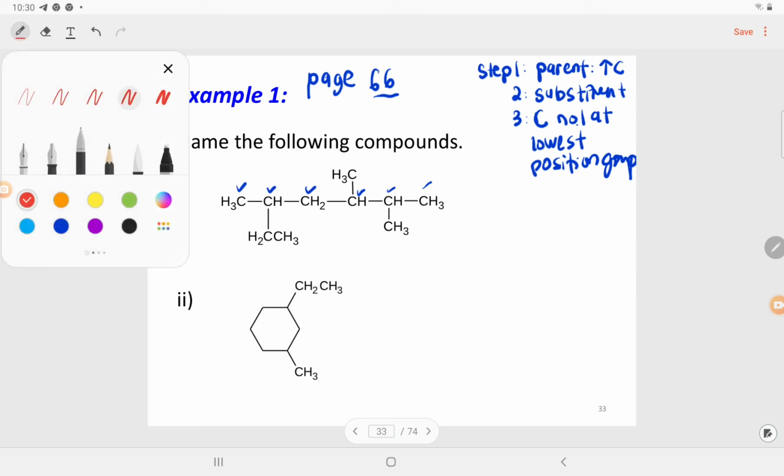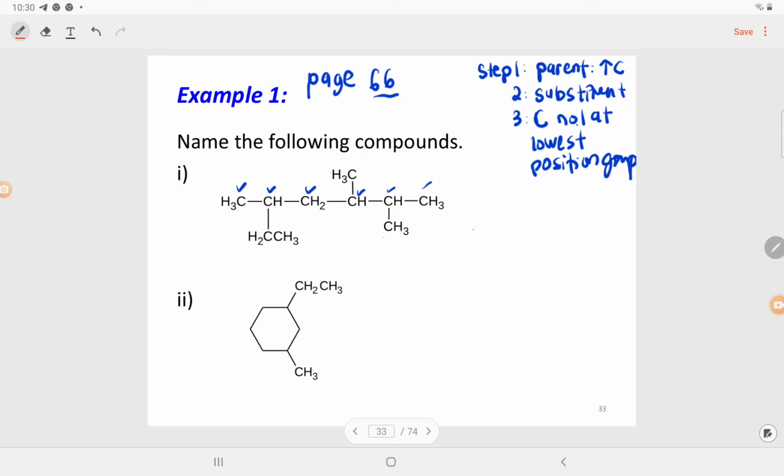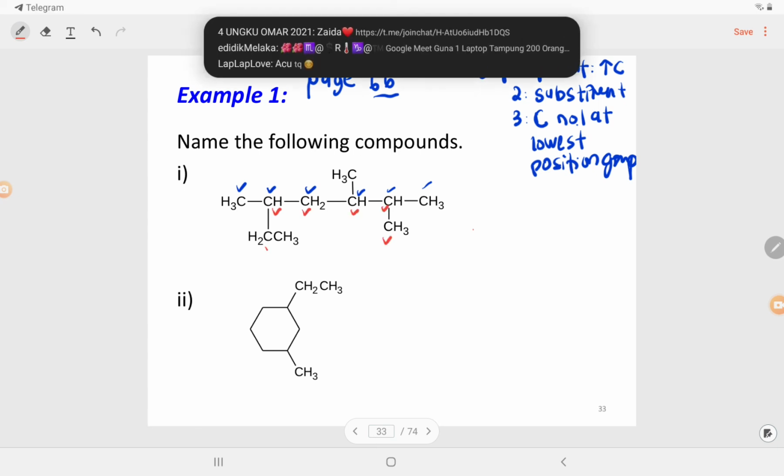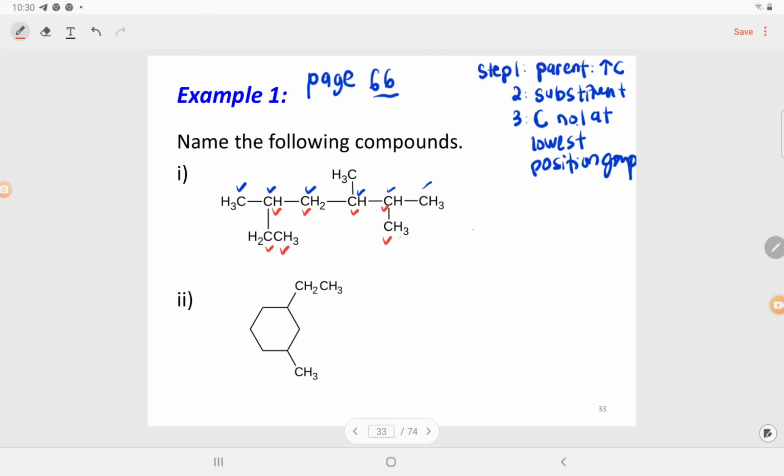But when we test again, maybe we can find 1, 2, 3, 4, 5, 6, 7. So the longest chain in red is 7 carbons, but the blue one is 6 carbon atoms. So the winner now is 7 carbon atoms. So your longest carbon chain is the red color here.